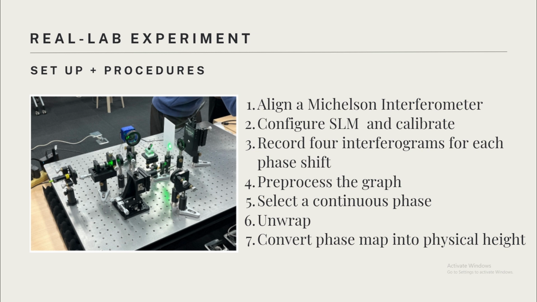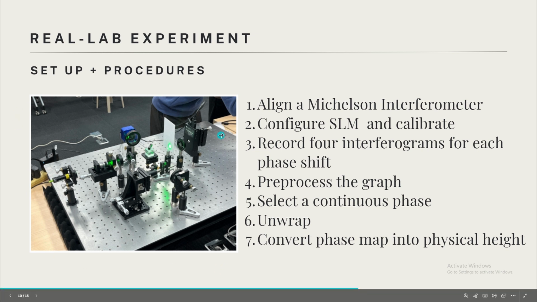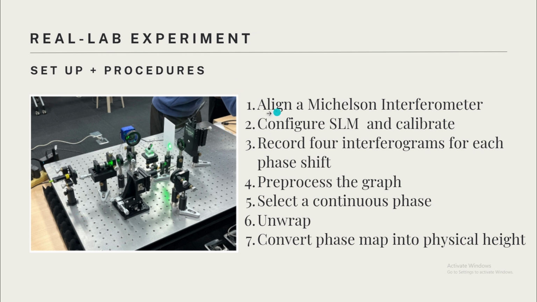So lastly, I'll show you a real-life experiment that we did. This picture was from an event that I took a picture of, and this shows the setup of the Michelson interferometer that was used for nanoscale profiling. And this machine, this little thing right here, is the SLM.